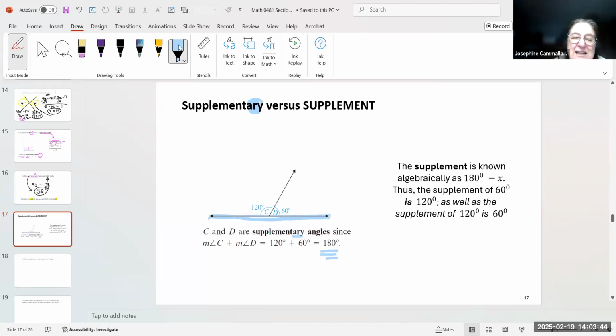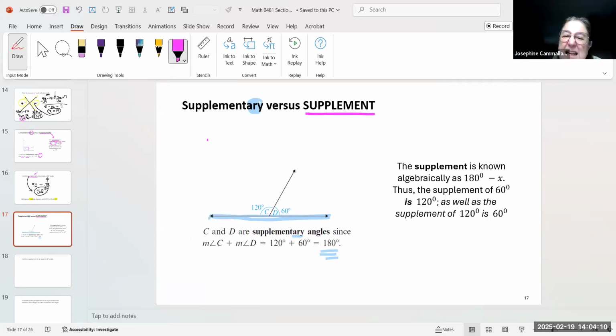A line or a linear angle is 180 degrees, or what we call a straight angle. Okay. Angle C plus angle D adds to 180 degrees. But notice what happens over here.